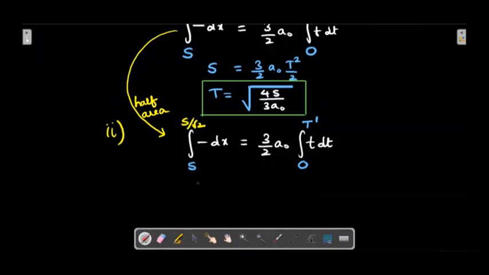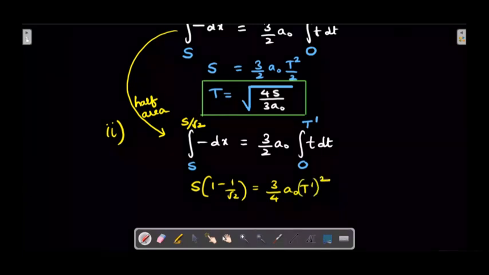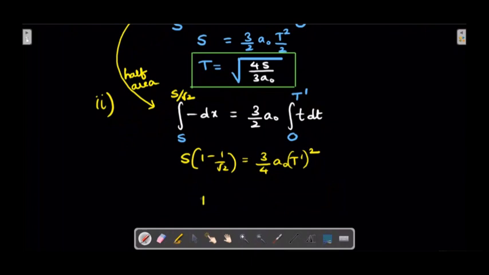So this would be s into 1 minus 1 by root 2 is equal to 3 by 4 a naught into t prime square. Just like last time, the value of t prime would be a square root of, exactly the same as the last one, but you would just end up having the replacement for that s.